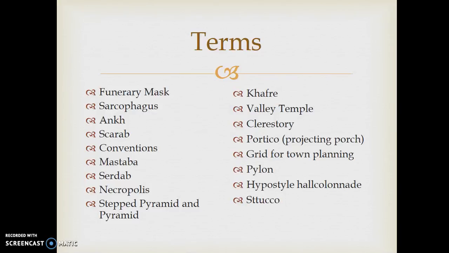So here are your terms for ancient Egypt, and we just talked about the step pyramid process, which is the white ziggurat, and we'll go over these as we go through the images.